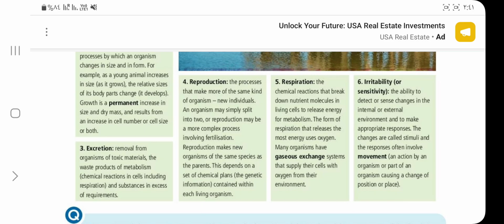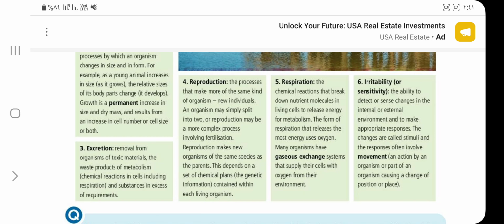So here a change happens in the internal or external environment, and we make an appropriate response. Again, changes happen in the internal or external environment and we make an appropriate response.